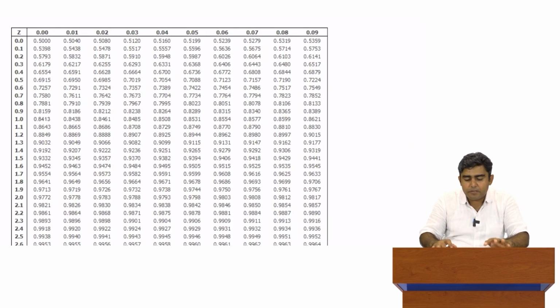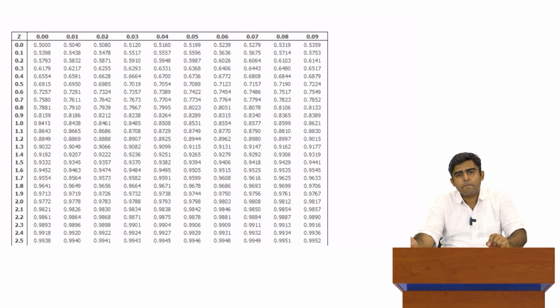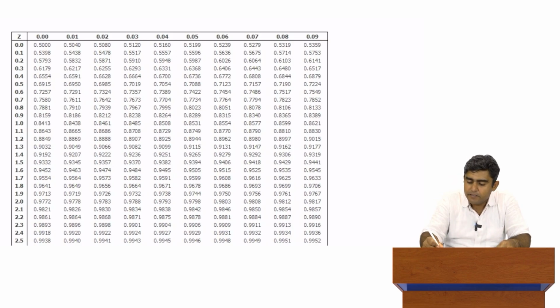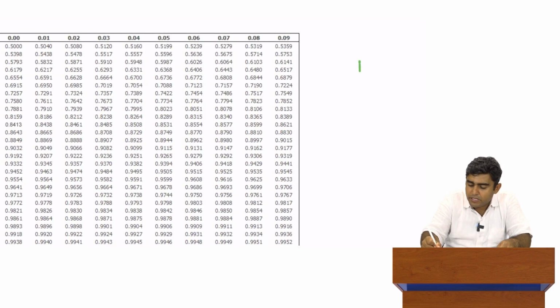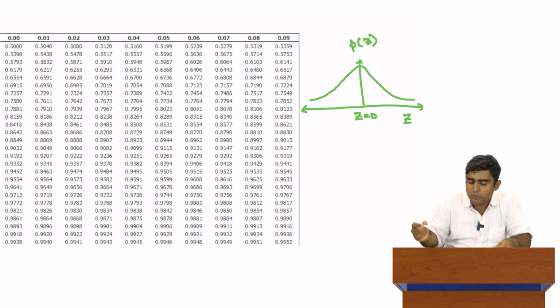Now, this is one typical standard normal distribution table which says that at z equal to 0, the area is 0.5. And if I draw the associated bell curve with this particular table, it should take a form in such a way that if my x-axis has z, my y-axis will have values associated with pz, and my normal distribution is now standardized, and hence it is centered around z equal to 0.